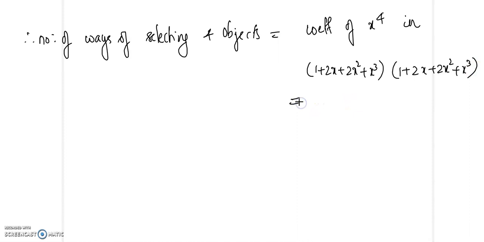Now let us find the coefficient of x⁴. It comes from 2x into x³, so 2, then 2x² into 2x², so 4, and x³ into 2x, so 2. So the value is going to be 8. So the number of ways of selecting 4 objects will be equal to 8.